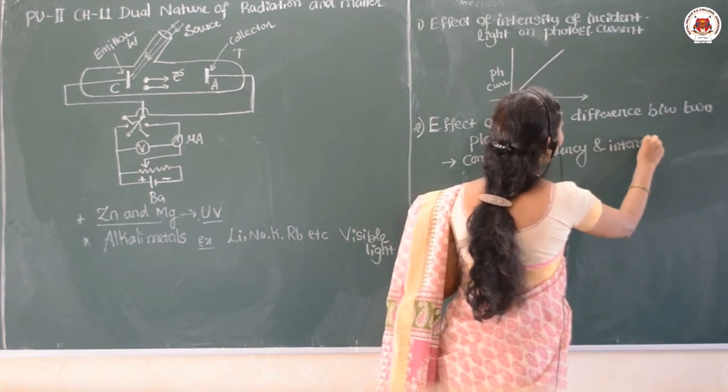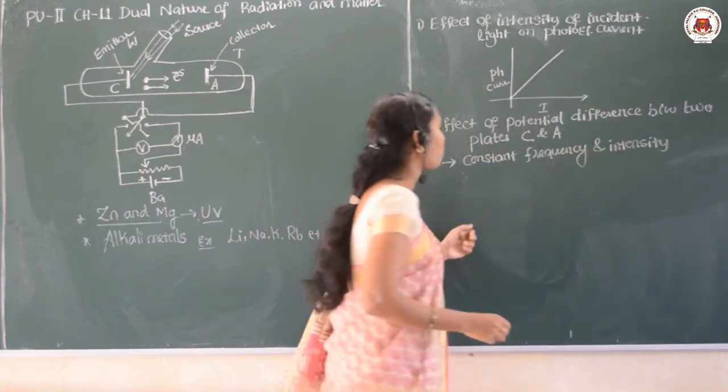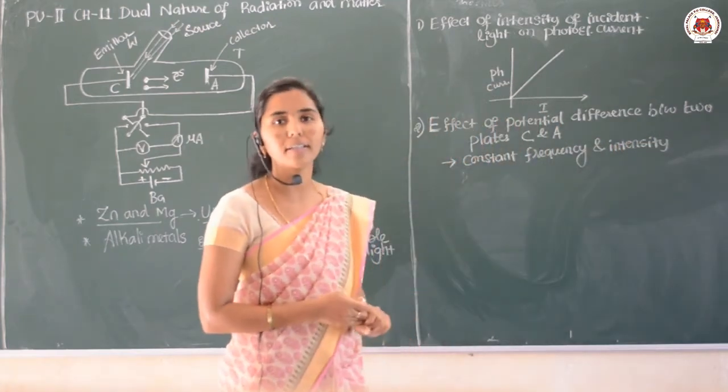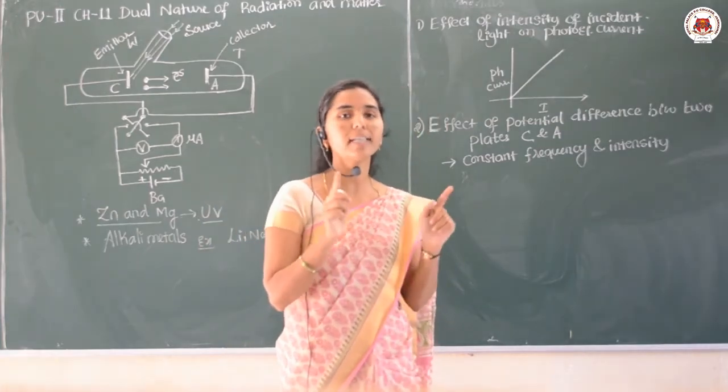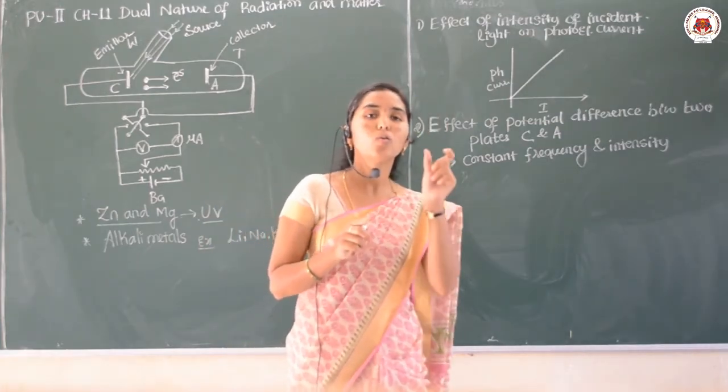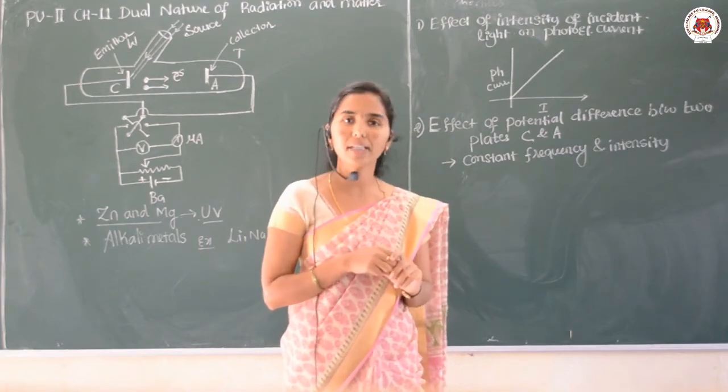We kept the radiation of constant frequency and constant intensity, but the quantity we are changing is the potential difference between the two ends of the battery.